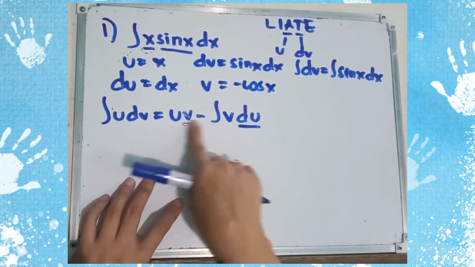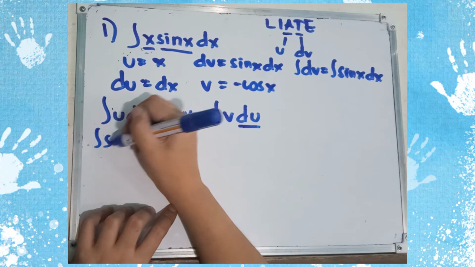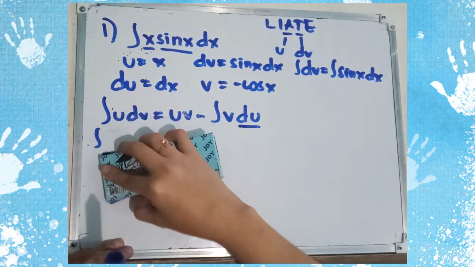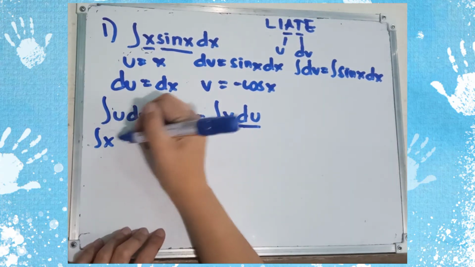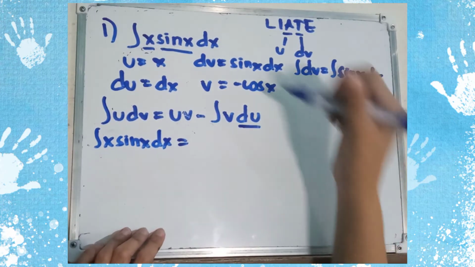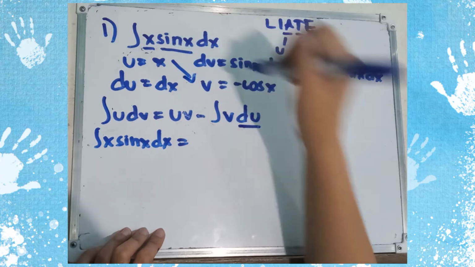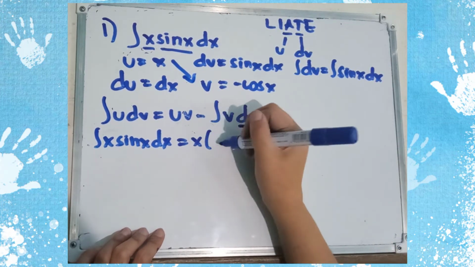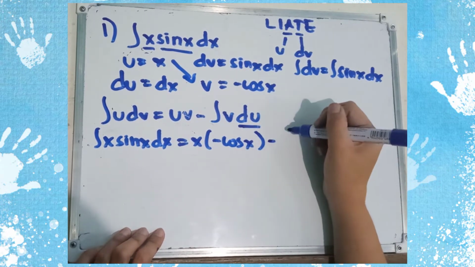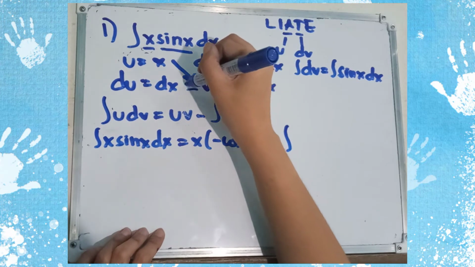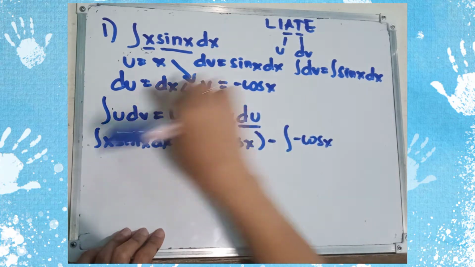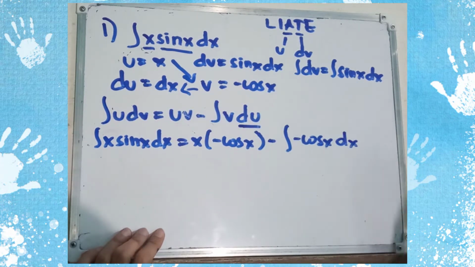Substituting to our formula, the integral of x sine x dx is equal to uv, so that's x times negative cosine x, minus the integral of v, that's negative cosine x, du is simply dx.